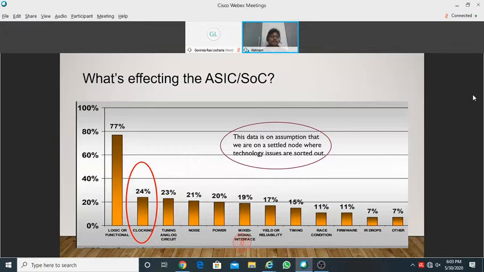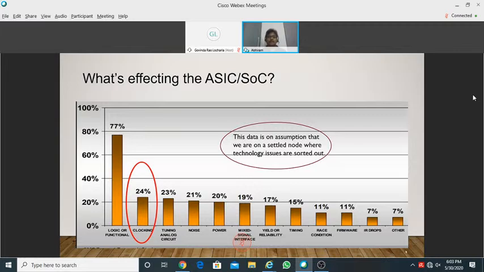If you are saying my power budget is 1 watt, you should definitely stick to 1 watt, or 1 milliwatt, whatever. But if you are violating even by 10%, then your SOC or ASIC is not accepted and it cannot go into volume manufacturing. That is why power verification is very important in today's designs.